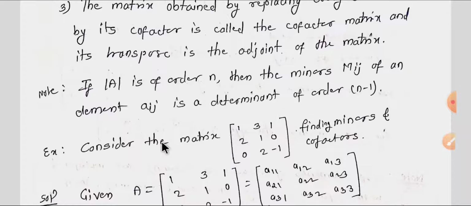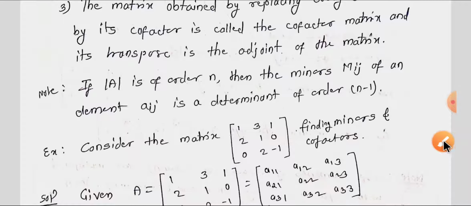And note that if the determinant of A is of order n, the minor Mij of an element Aij is a determinant of order n minus 1. Means, suppose this is a matrix of order 3, that is a 3 cross 3 matrix, so the determinant is of order 3. So we find the minor of this 1.